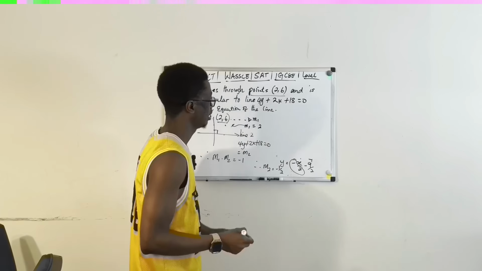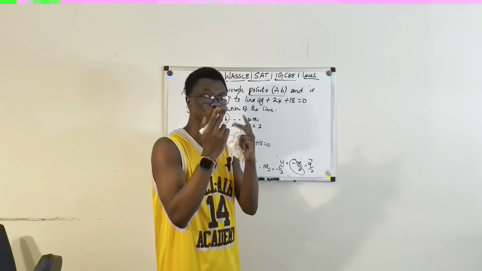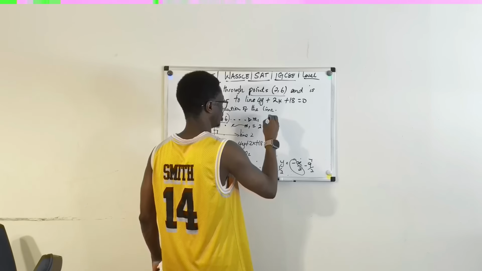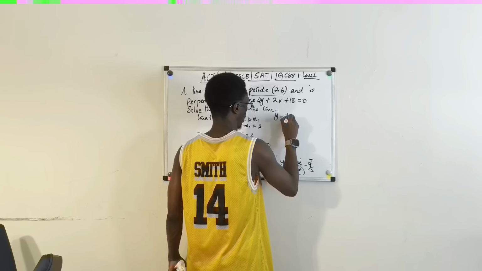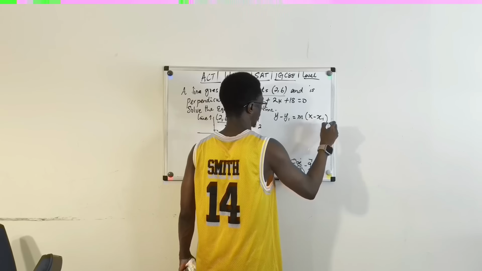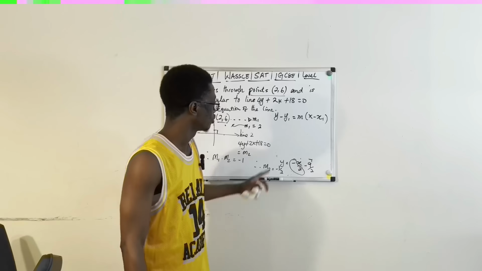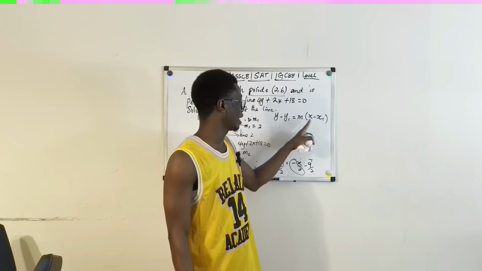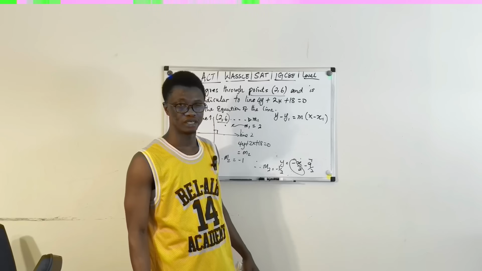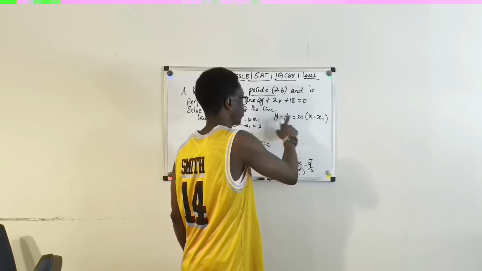That's the gradient. Now when we have 2 points, there's a general form for the equation of the line, which is y minus y1 equals m into x minus x1. Easy. This simply means the y1 and x1 here are these points given here. And these are just functions.